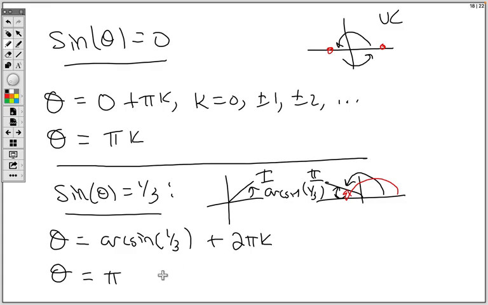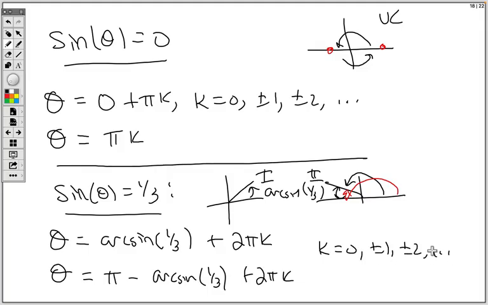Halfway around is pi, and then I'm backing up arc sine of 1/3, and then once again adding on multiples of 2 pi. So we've got 3 families of solutions. These encompass all the solutions.